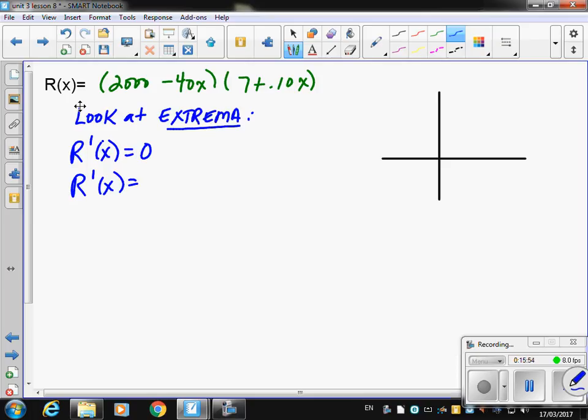Okay, we have a product rule, or you can expand and find the derivative there. It doesn't matter at all. I'm going to use the product rule. So the derivative of the first is negative 40 times the second, exactly the way it is, plus the first times the derivative of the second.